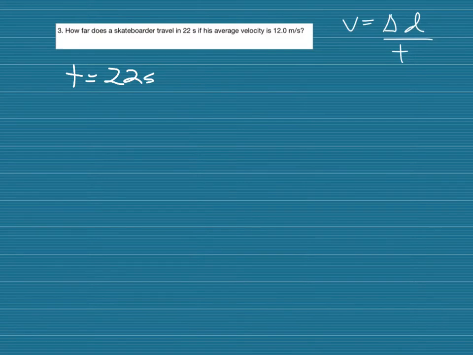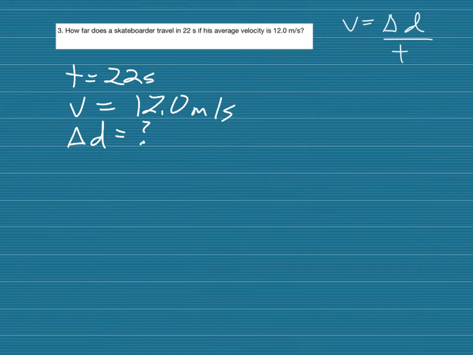It says my average velocity. And how far, so we solve for my change in displacement. My units are what they should be. Velocity is in meters per second, time is in seconds, so it's going to give me my displacement in meters.